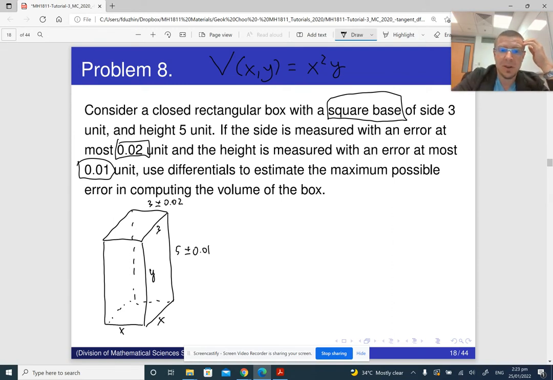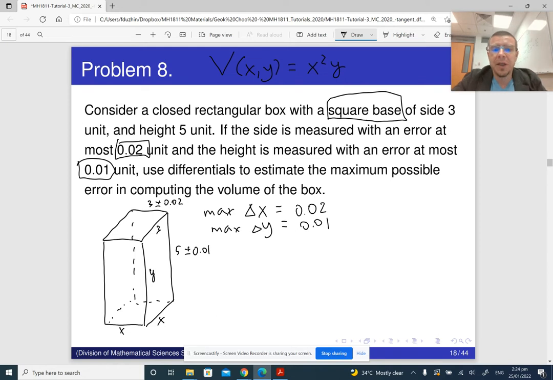So we can just use the positive signs everywhere. So what I'm trying to say is that delta x is 0.02. Well, let's say maximum delta x. Strictly speaking, it's absolute value of delta x. So delta x could be also negative. So the maximum delta y is 0.01.